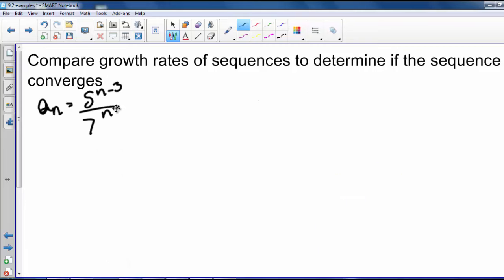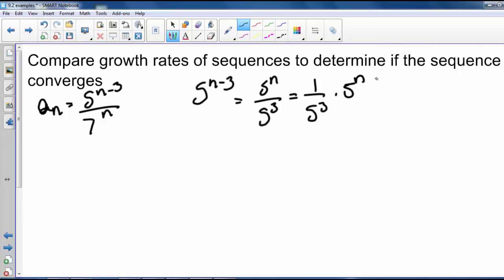Here we have the sequence a sub n equals 5 to the n minus 3 over 7 to the n. So first we need to know that 5 to the n minus 3 is equal to 5 to the n divided by 5 cubed. So we're going to rewrite this as 1 over 5 cubed times 5 to the n.